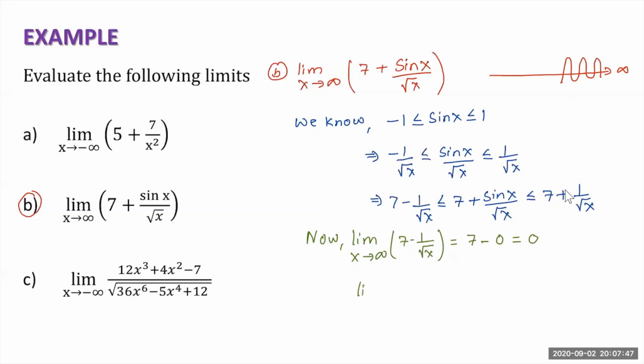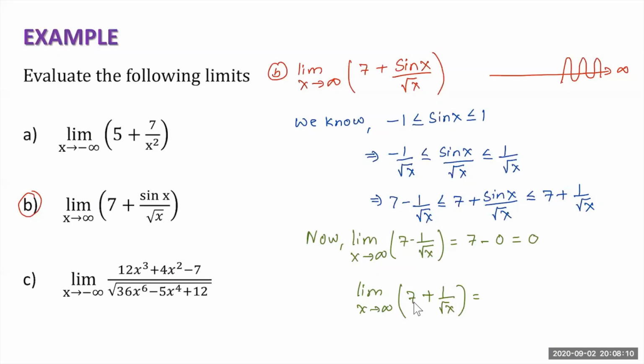Limit as x approaches infinity of 7 plus 1 over the square root of x. That is equal to, so when x goes to infinity, when x approaches a very large positive number, 1 over a very large positive number is very, very small, approximately 0.